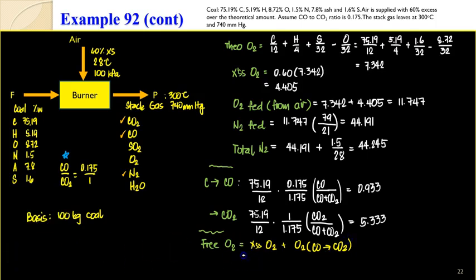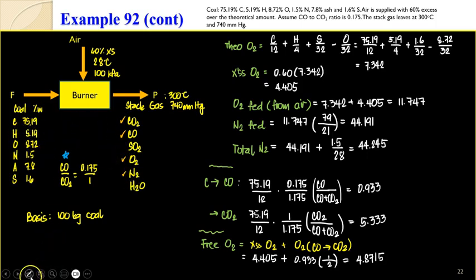So this one is actually 4.405 plus carbon monoxide, which is 0.933 divided by 2. So this gives us oxygen of 4.8715. So now we have oxygen. All we need to solve for is H2O. The H2O from combustion, basically, all of the H here was converted to H2O.